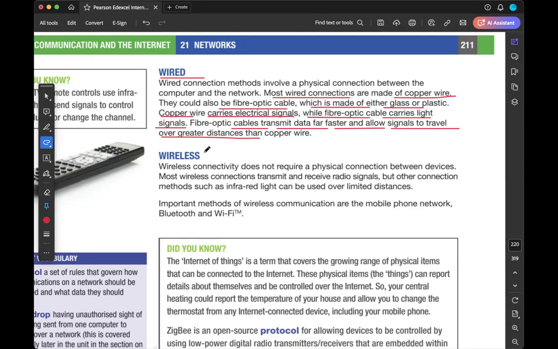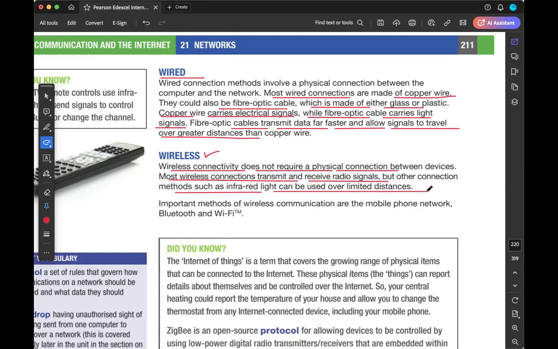So now the wireless. Connectivity does not require a physical connection. Most wireless connections transmit and receive radio signals, and another connection method uses infrared light, which can be used over limited distance. The biggest problem with wireless is that it works within a range.